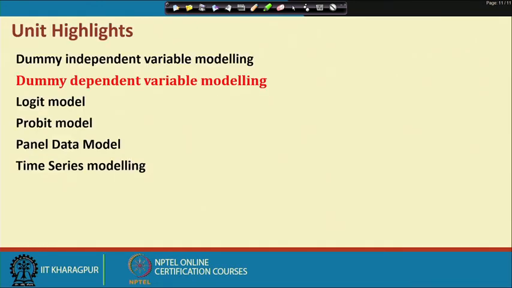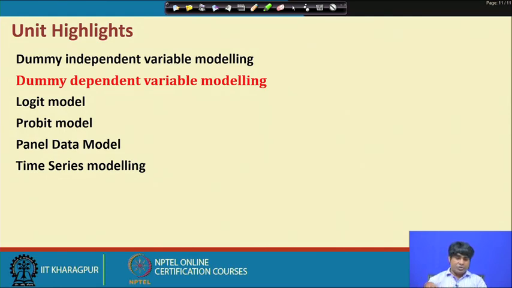So, we have discussed various types of models and the applications relating to dummy modeling, where the independent variable is treated as a dummy, and specifically we have discussed a couple of problems. We have analyzed the problems through subtiers and then connected with a particular case.